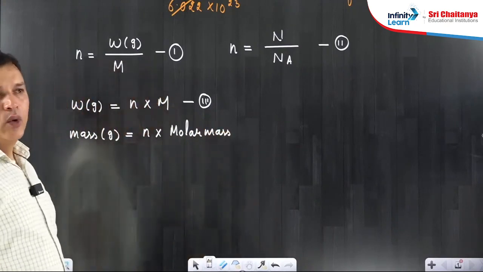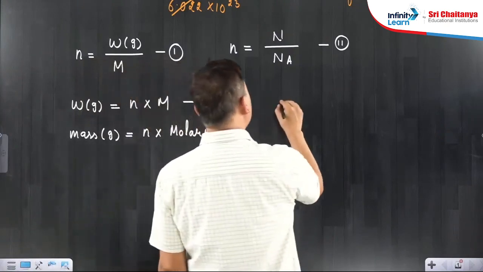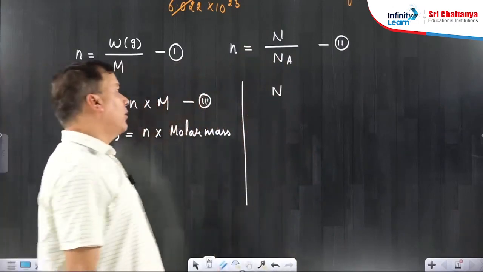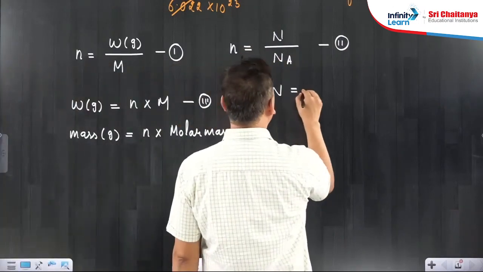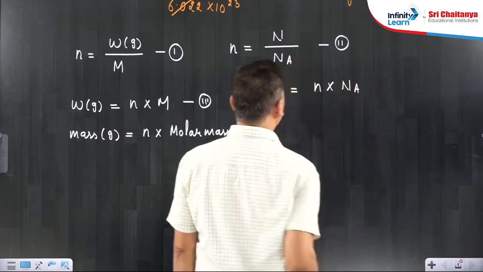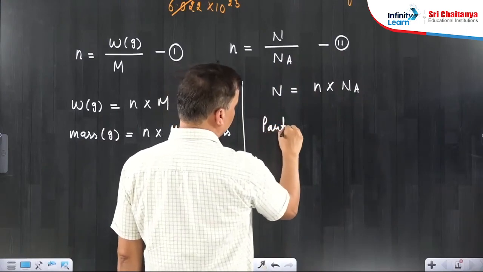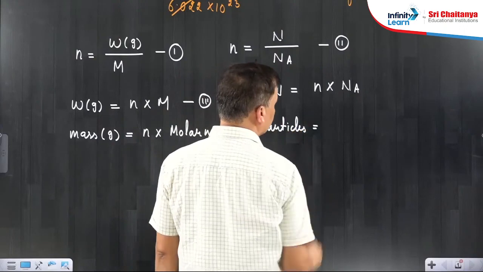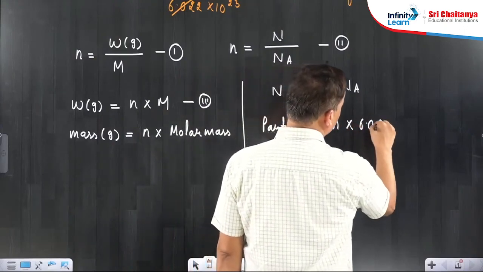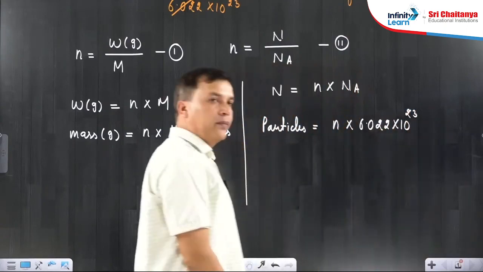In the same way, we can calculate particles. N is equal to the number of particles, and that is equal to number of moles into Avogadro's number, 6.022 into 10 raised to power 23.